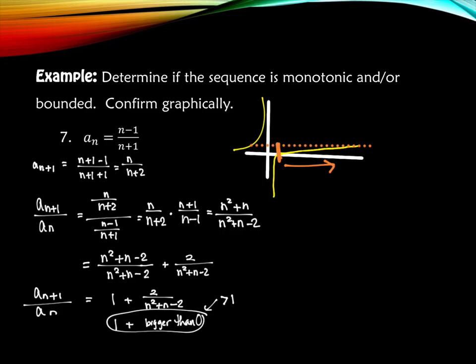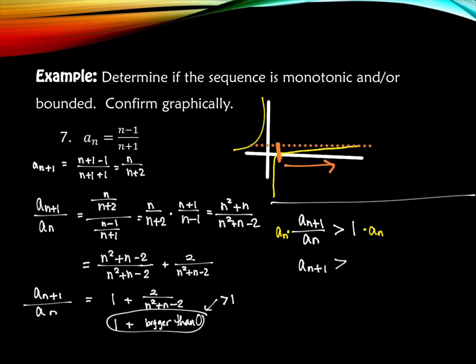So now I have not a limit, but a sub n plus 1 over a sub n, and it's bigger than 1. I changed this into an inequality. It's larger than 1, and we're going to multiply by a sub n on both sides. And what does our statement now say?